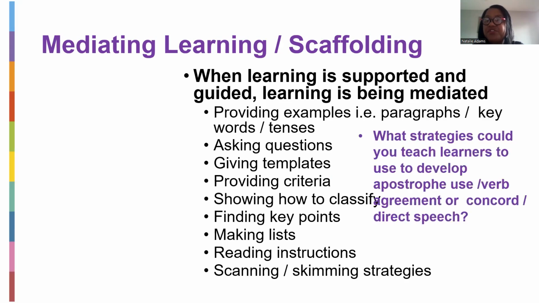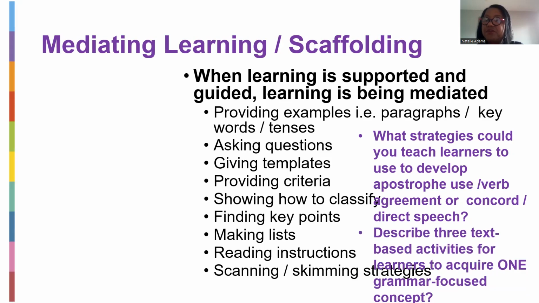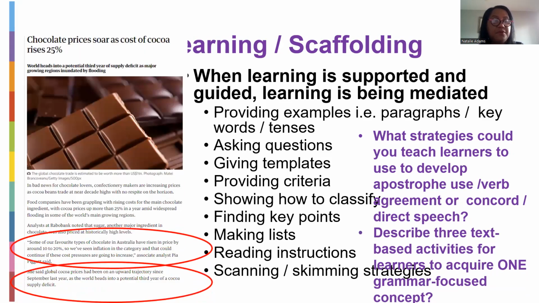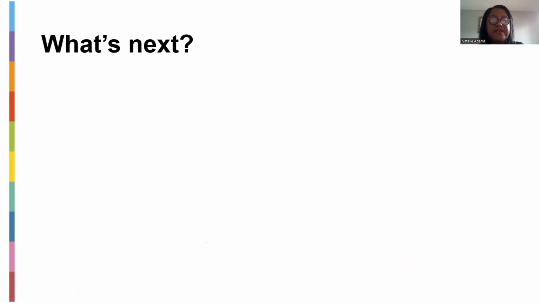Okay, so what strategies could you teach learners to use to develop, for example, apostrophe use, verb agreement or concord, direct speech? So you need to look at ways how you are going to do that. You need to describe 3 text-based activities for learners to acquire 1 grammar-focused concept. There's an example of a chocolate, but we'll go into more detail with that later on.